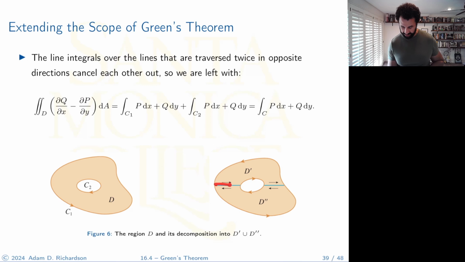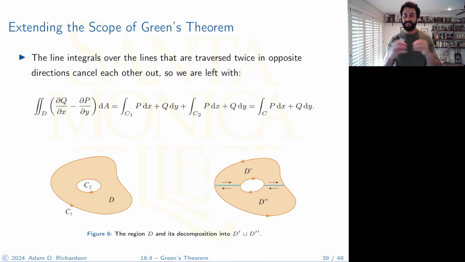Then you can do this region, and the integral of the k component of the curl over this region will be equal to the line integral over the curves I just traversed. So this is a way of leveraging Green's theorem, even though you've got a hole here. You basically just connect to that hole.